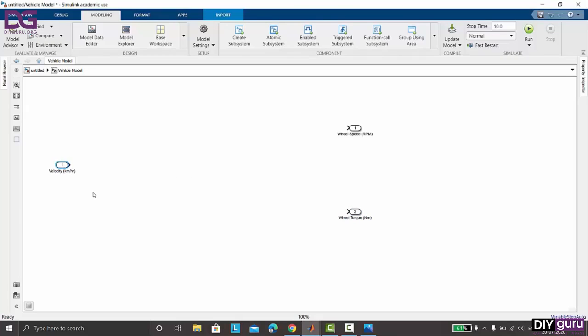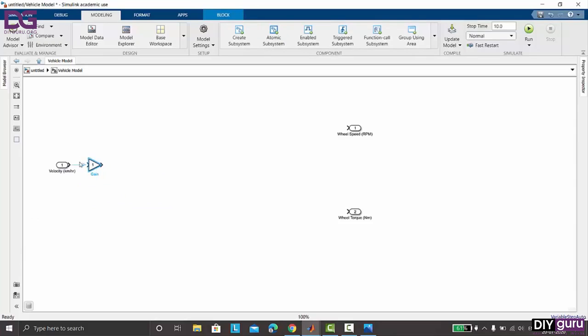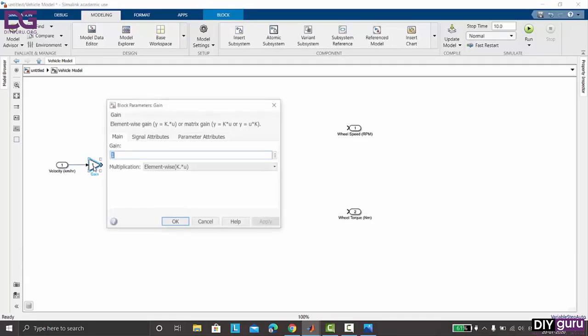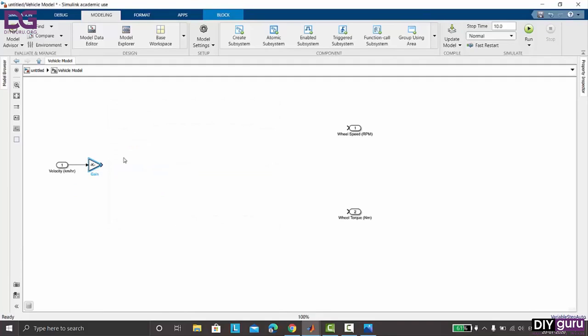As the velocity is in kilometers per hour, but we need meters per second, so add the gain block to convert it. In the gain block, divide the kmph velocity by 3.6 to convert it into meters per second, and name it kmph to mps.